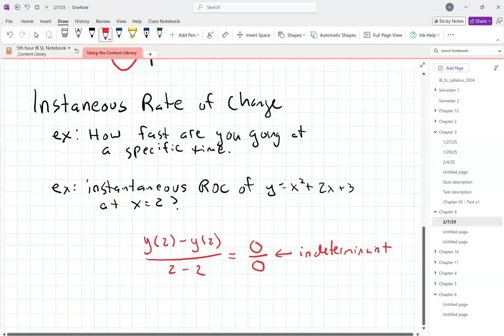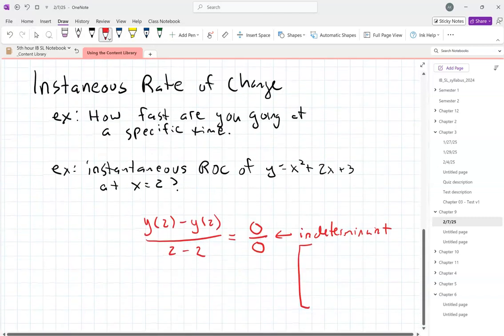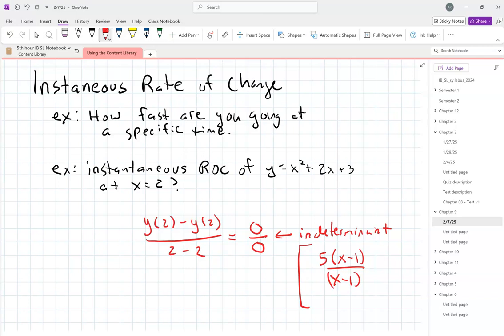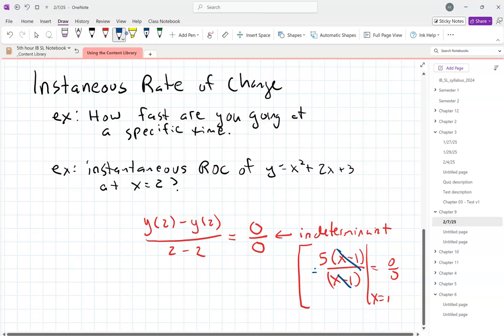Just to show you as an aside here. Say I have 5 times x minus 1 over x minus 1. If I plug 1 in, I'm going to get 0 over 0, right? Everybody agree? But if I just reduce this, that's going to be 5.